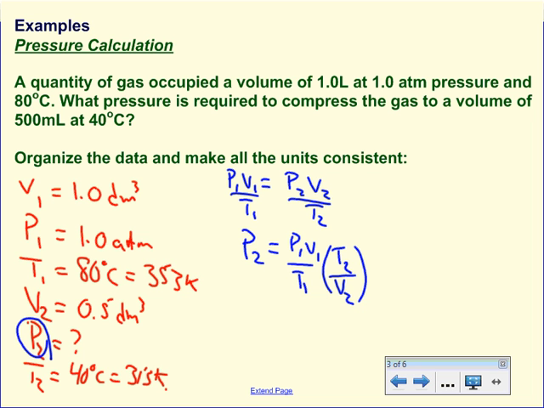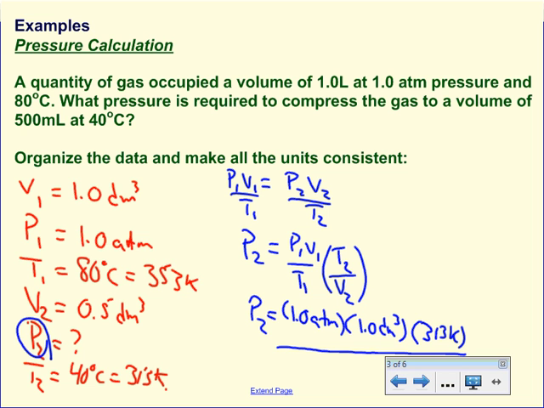Next, I'm going to insert all of my known quantities. P1 is 1.0 atm. V1 is 1.0 dm cubed. T2 is 313 Kelvin.